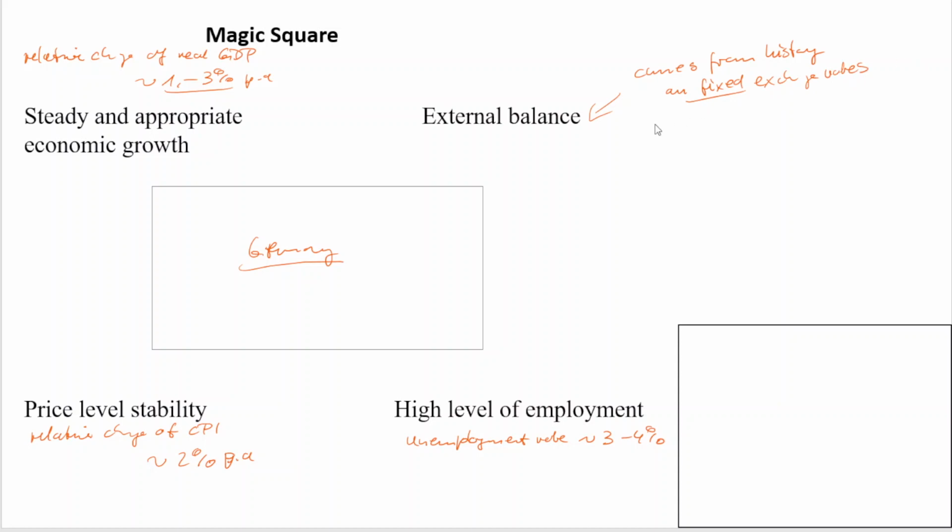So maybe possible targets: trade balance equal to 0, current account equal to 0, non-volatile exchange rates, or what else can we say?